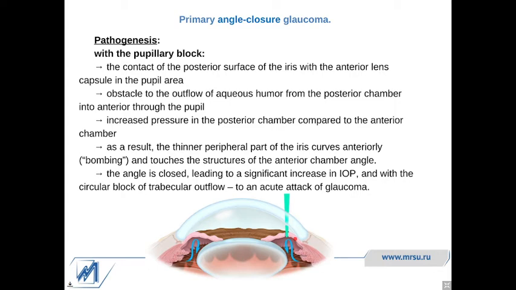And with the circle block of trabecular outflow, if there is circle block of all pupil, this situation goes to an acute attack of glaucoma, a very severe condition, and the visual acuity can be lost very quickly, within some hours.